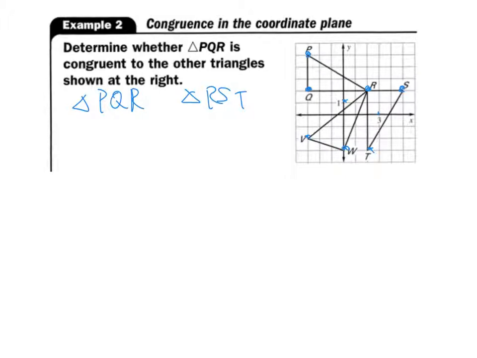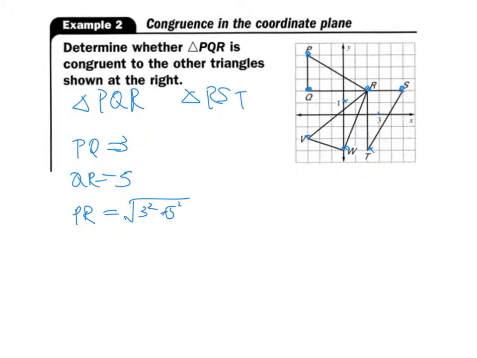Another way of doing it is if you notice that if we count, PQ is 3 and QR is 5, and if I use the Pythagorean theorem, I can calculate that PR would be the square root of 3 squared plus 5 squared.